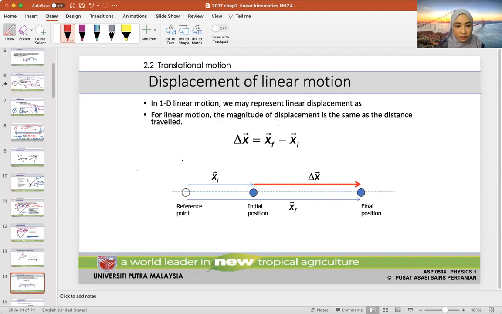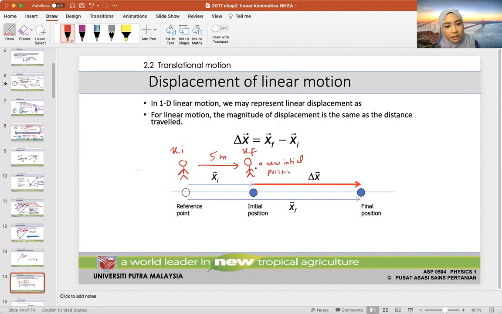So Fatihah is here. Okay, at first Fatihah is here and then she walks by 5 meters to her final position. XI, XF. Then Fatihah says, oh, I want to walk some more. So she has a new initial position over here.